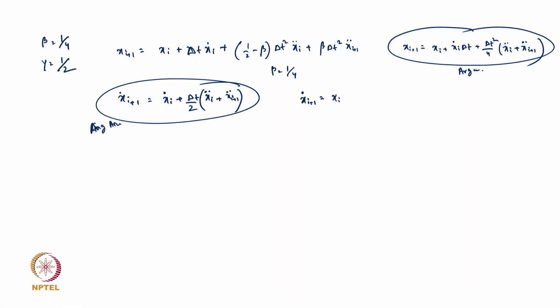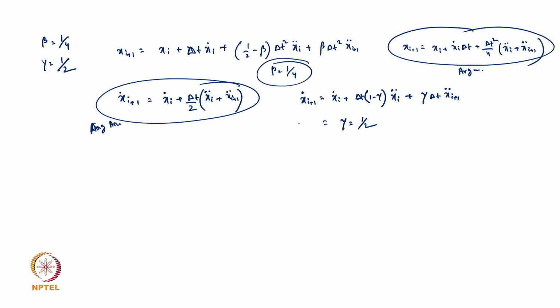So that will be xi dot plus delta t into 1 minus gamma into xi double dot plus gamma into delta t into xi plus 1 double dot. Make sense? So if I try to match these two terms, your gamma needs to be half.